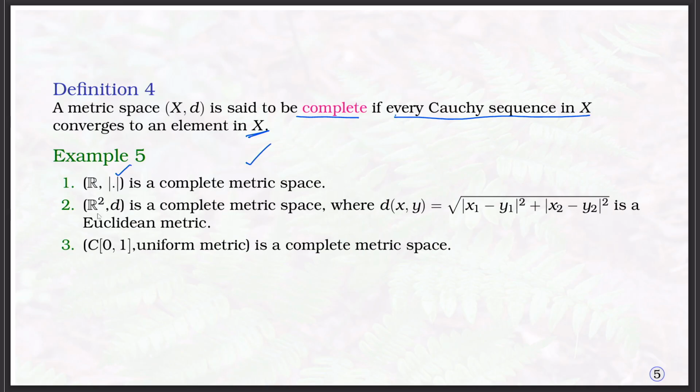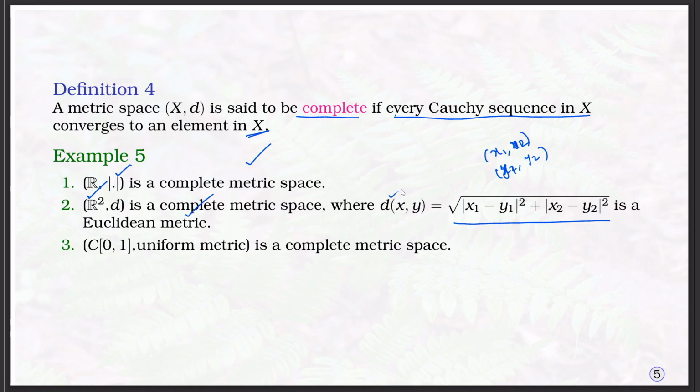and similarly R^2 with d is a complete metric space with respect to the Euclidean metric, where the points are taken as (x1, y1) and (x2, y2). The distance between these two points is ((x1 - y1)^2 + (x2 - y2)^2) to the power of 1 by 2. This forms the complete metric space.